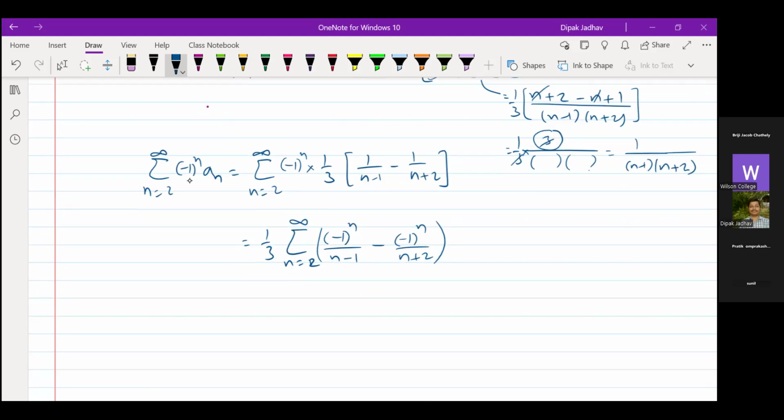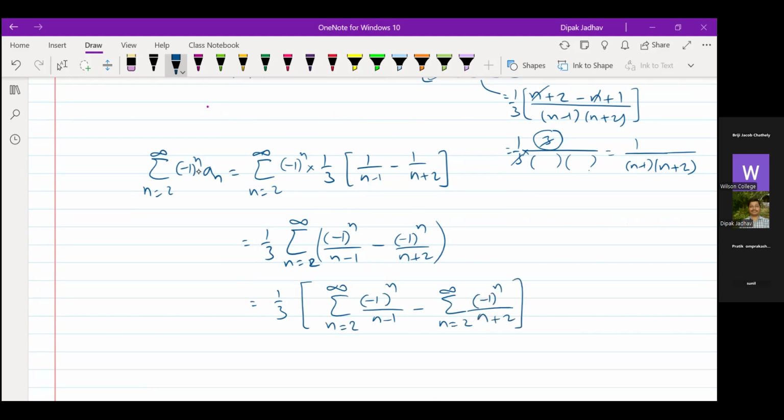Now the question is, is it possible to split this summation sign over these two fractions? I mean, will this term be equal to this? What do you feel?